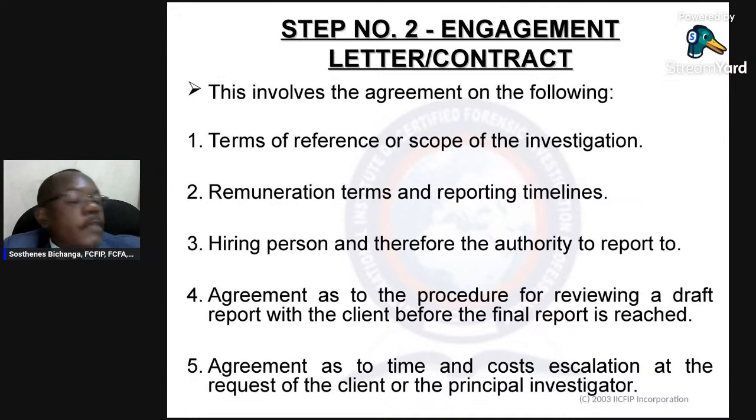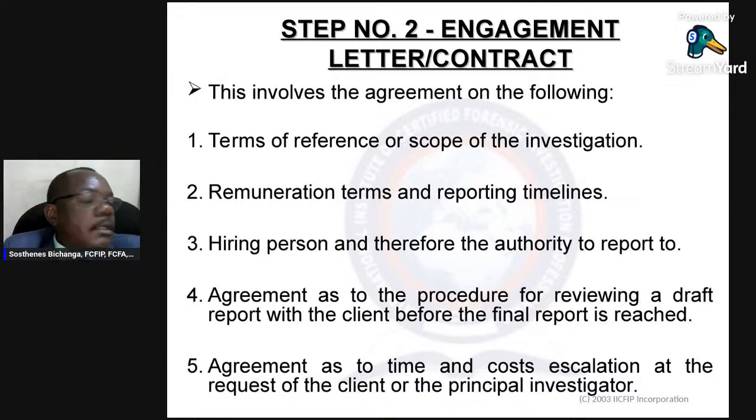If the investigation team will be required to carry out overseas operations, then the countries and the locations outside the client's country will also be mentioned, because this will be included in the terms of reference and the scope of the investigation. That is number one.